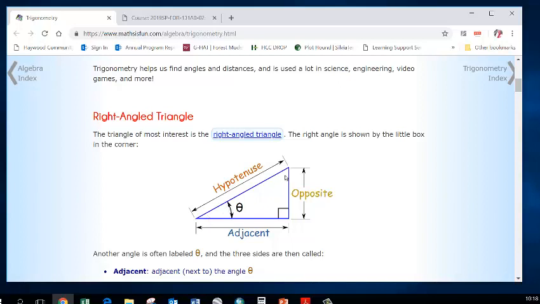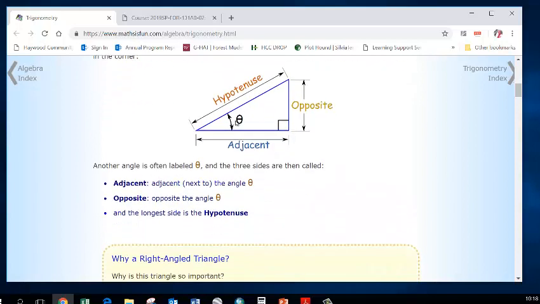This could be 60, that could be 30, and that's 90. So inside the triangle, if you add up all the angles inside, it equals 180 degrees. But in the right triangle, one of those corners is always 90. A symbol that we use to measure the angle inside is often described as theta.